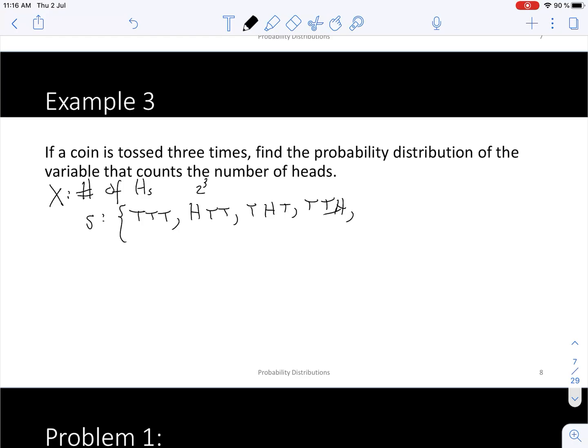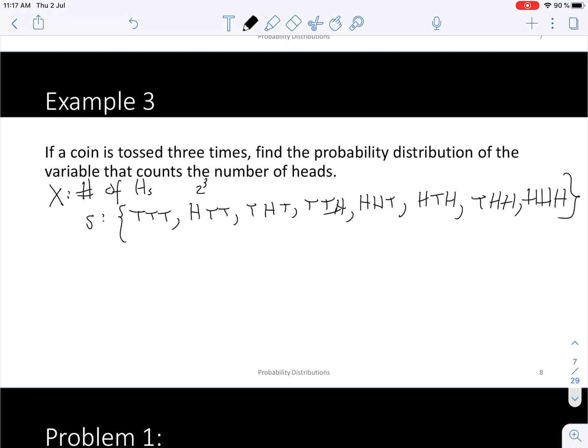Now all the sample points where we have 2 heads. And of course, the last sample point will be when we have 3 heads. Alright, so in total, there are 8 sample points.